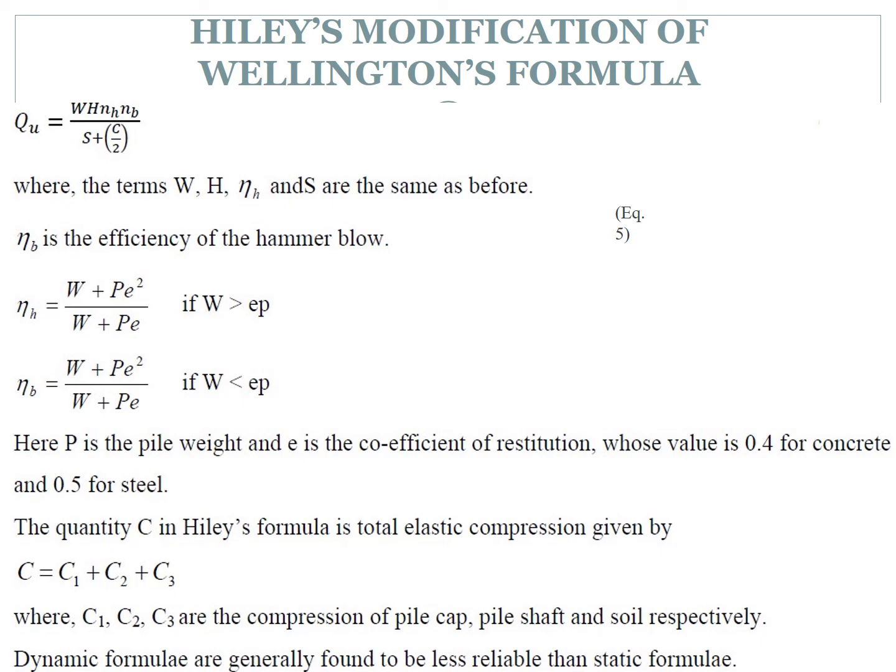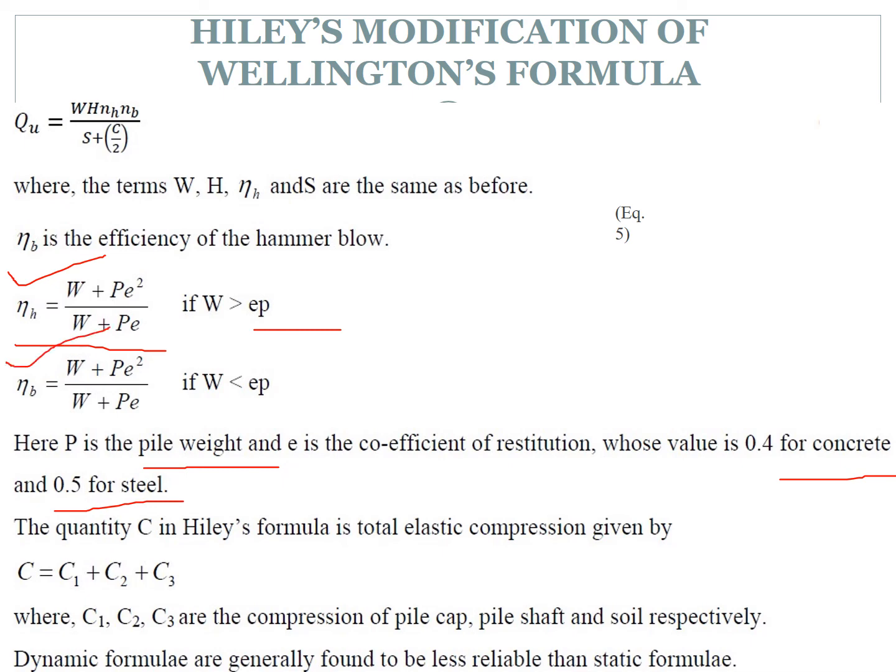Eta B is calculated by this equation if W, the weight of hammer, is more than eP, where P is the pile weight and e is the coefficient of restitution, whose value is 0.4 for concrete and 0.5 for steel pile. So if W is more than eP, the equation for eta B is this, and if W is less than eP, the equation for eta B is this.